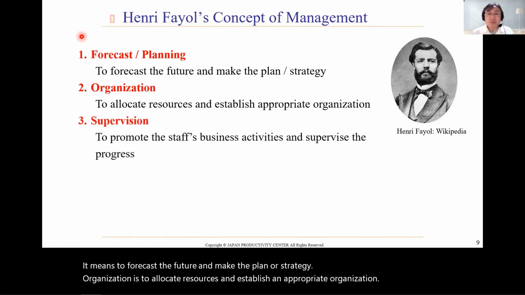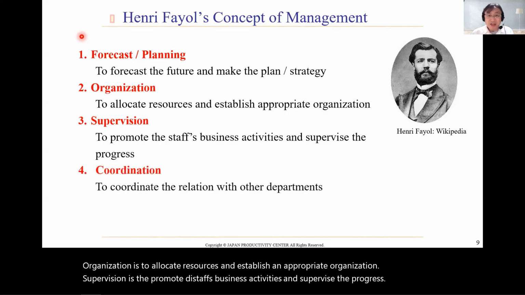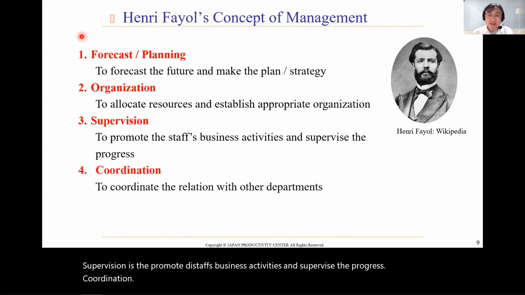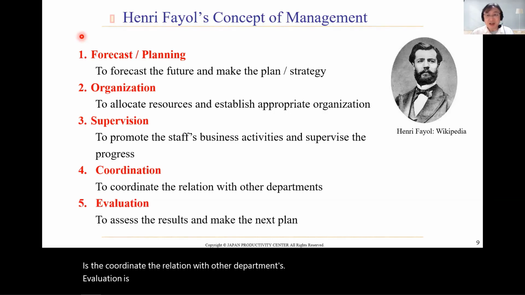Supervision is to promote the staff's business activities and supervise the progress. Coordination is to coordinate the relation with other departments. Evaluation is to assess the results and to make the next plan.